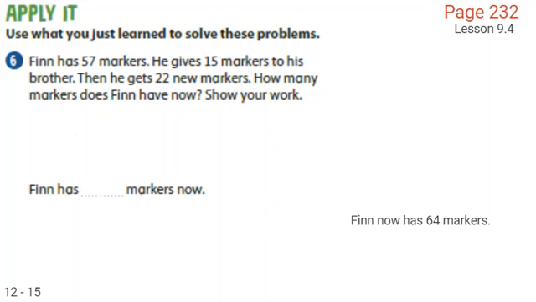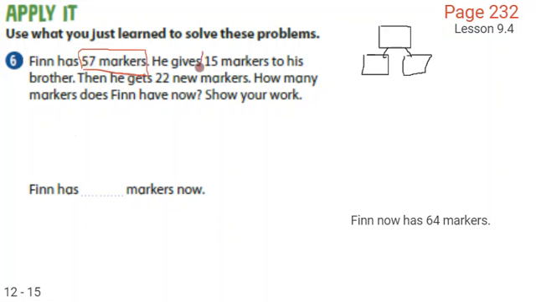Show your work. Well, let's use a number bond. Let's figure this out. But I'm just setting this up for here in a moment. But we're going to read through all of this again first, for the second time, and highlight or annotate information here. Finn has 57 markers. I'm going to circle 57 markers.